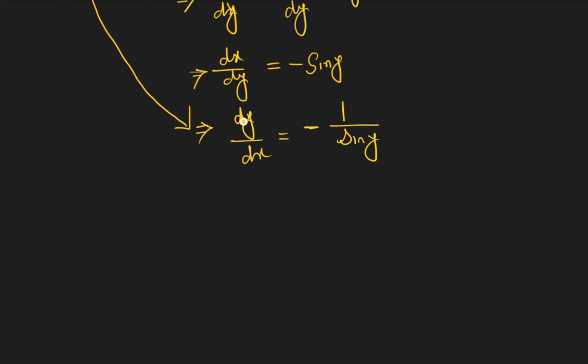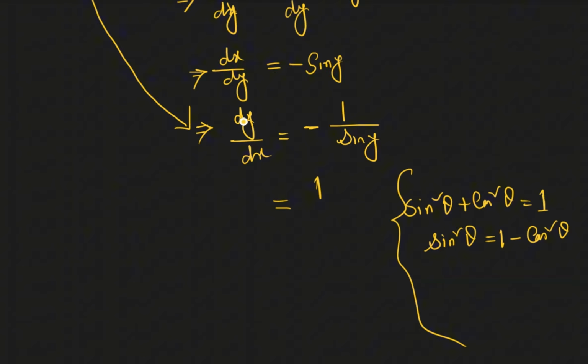We know that sine squared theta plus cos squared theta equals 1. So sine squared theta equals 1 minus cos squared theta. So here we can write 1 over the square root of sine square y. The square root and square cancel out, so it becomes the previous step, 1 by sine y. So logically it is right.